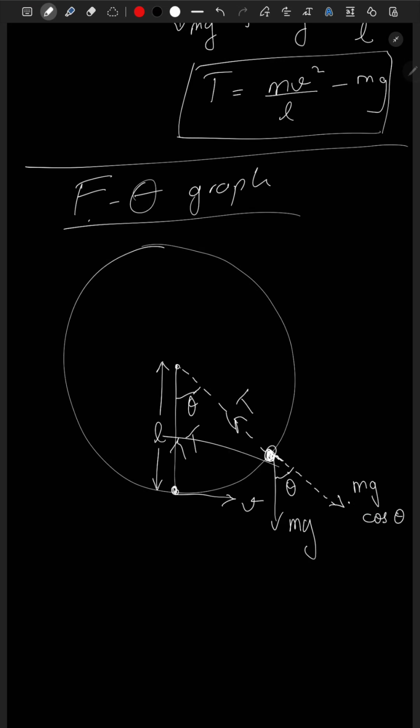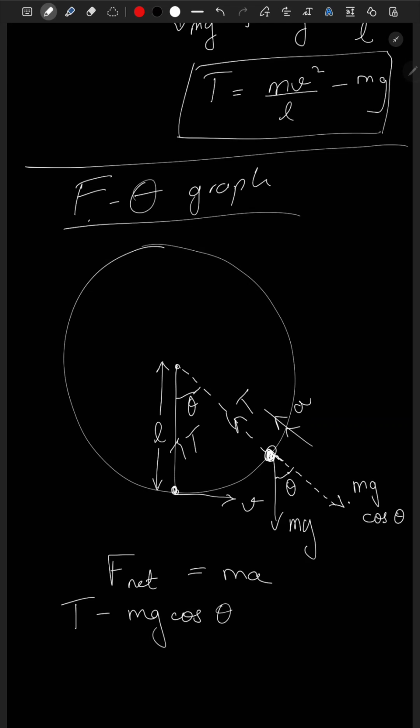So for this to be balanced, we can say that the net force is ma, and the net force would be T minus mg cosine of theta, because the centripetal force is directed toward the center, and therefore the acceleration should be in this direction towards the center.